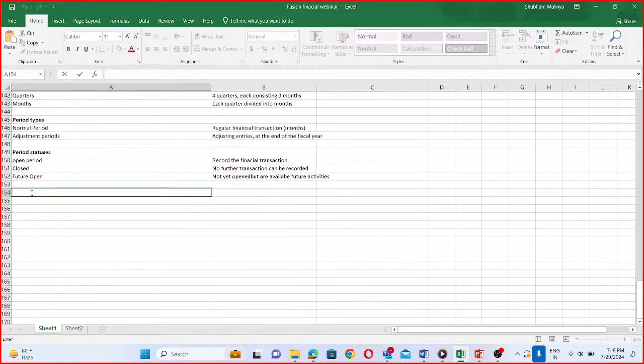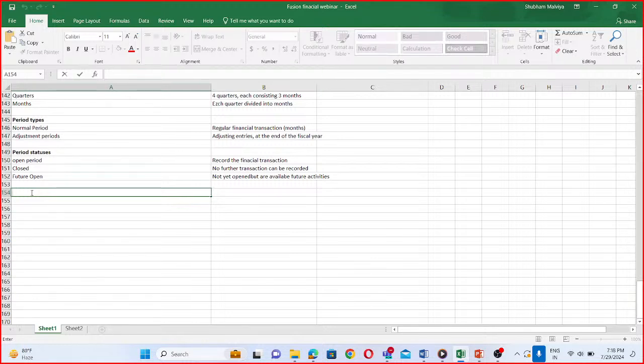Example, January 2024, quarter 1 2024. Start date, we set the start date and end date. Then we set the period status. Initial status means initial status of each period. Example, future, open. Then there is period management also, which updates the status of period as the financial year progresses. Example, open and close. So this we have seen.